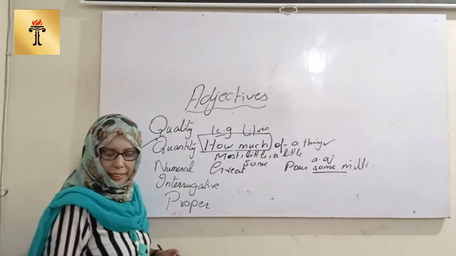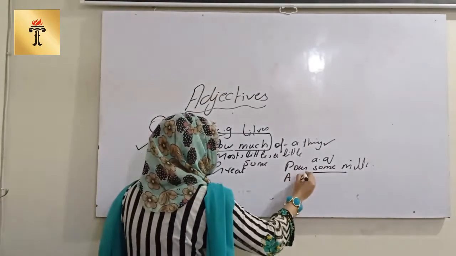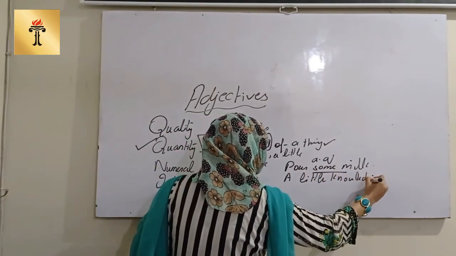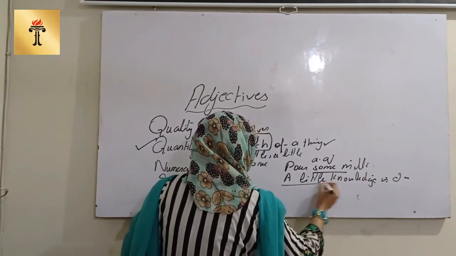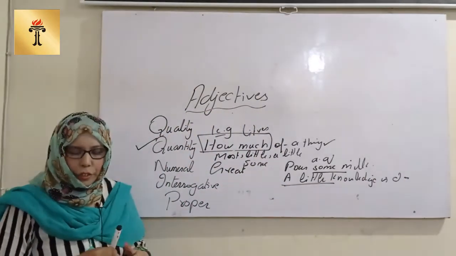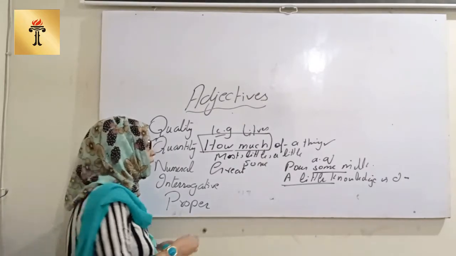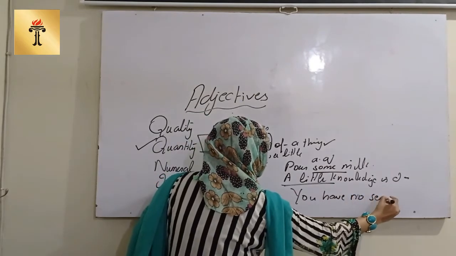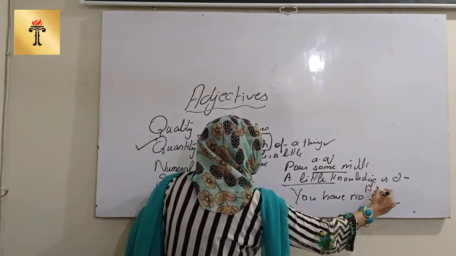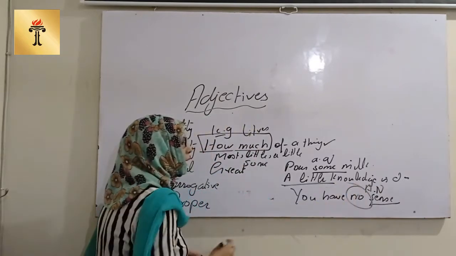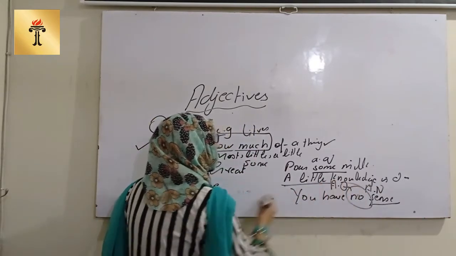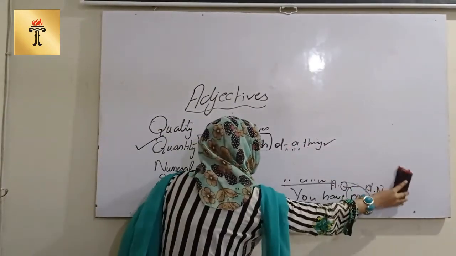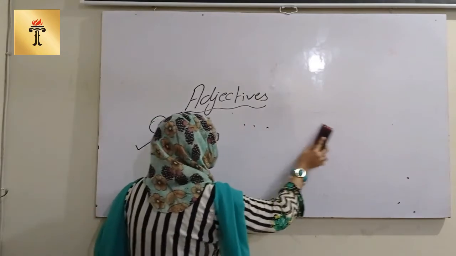If I say "a little knowledge is dangerous," here "a little" is the adjective of quantity. If I say "you have no sense," sense is an abstract noun, so "no" is the adjective of quantity. This is how we deal with adjectives when it is about quantity.